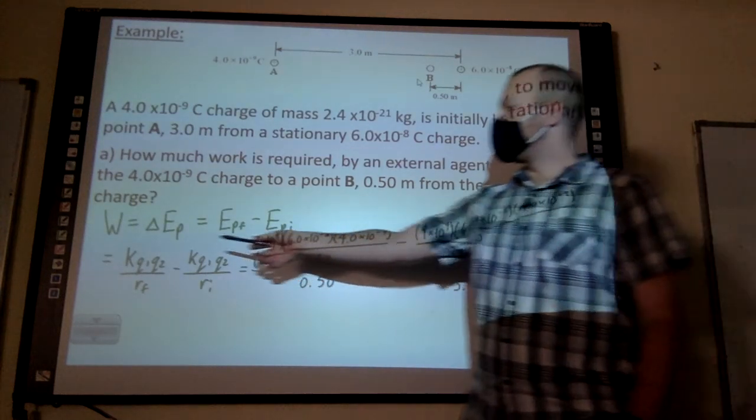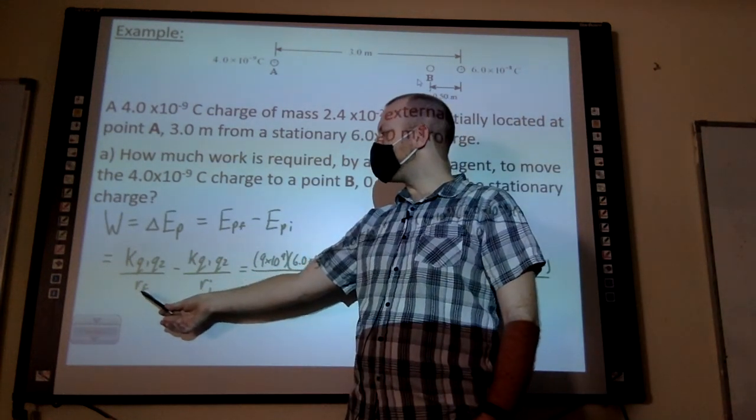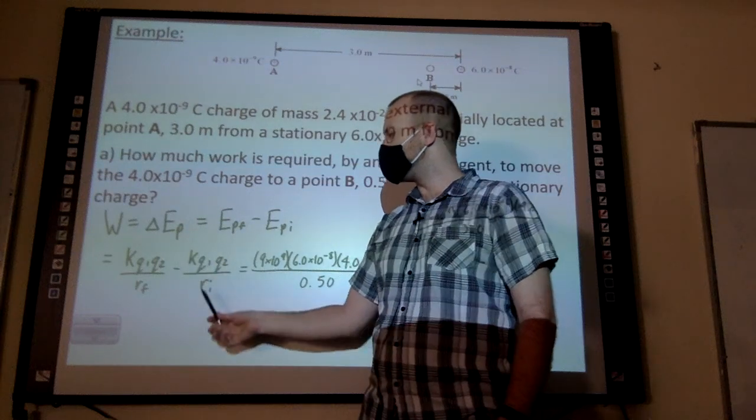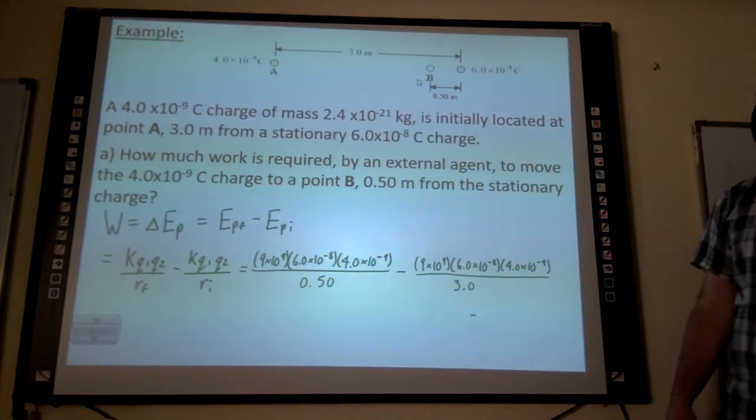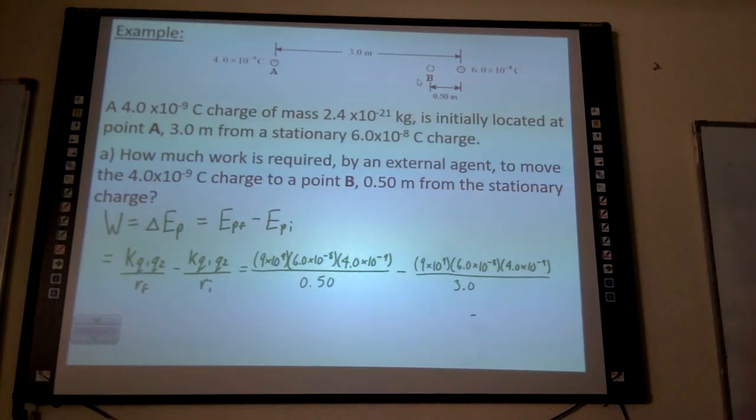We've got kQ1Q2 over rf minus kQ1Q2 over ri. You have your values here, you can plug those in. Everything stays the same except your distances. So if you plug those numbers in, you get this. Subtract them, you get this. So this is the amount of work.